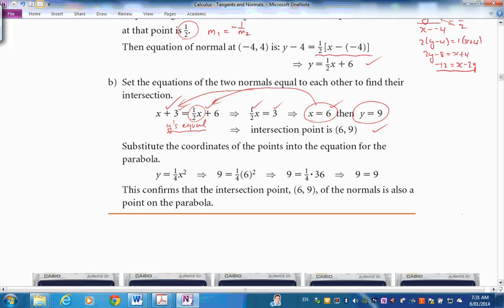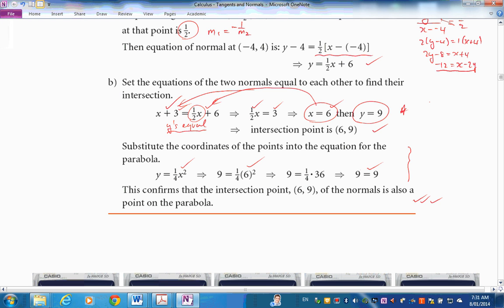Okay, and then just checking here that it works, subbing 6 into the equation of the parabola, you get that. So it's confirming that you haven't made an arithmetic slip somewhere, it is on the curve.